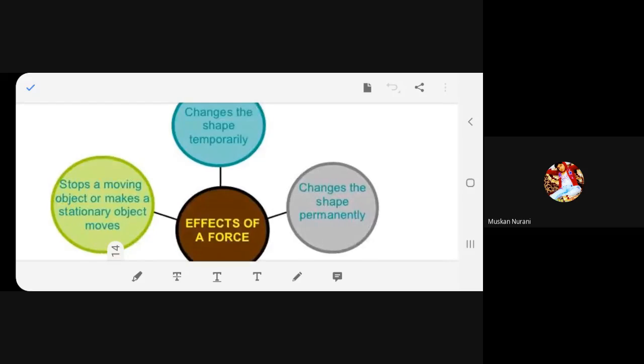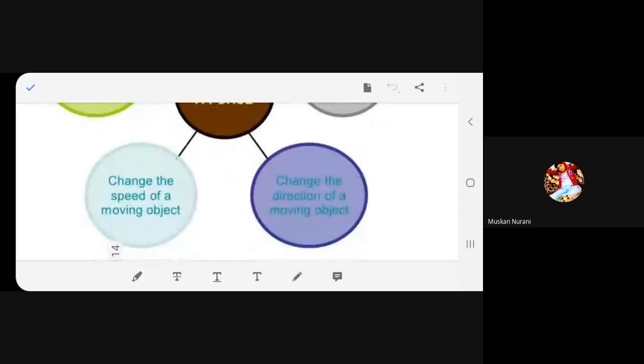We are going to work on effects of force one by one. First, please read the one which is in gray. Effects of a force: changes the shape temporarily. Then, read number two: changes the shape permanently. Then, number three: change the speed of a moving object.